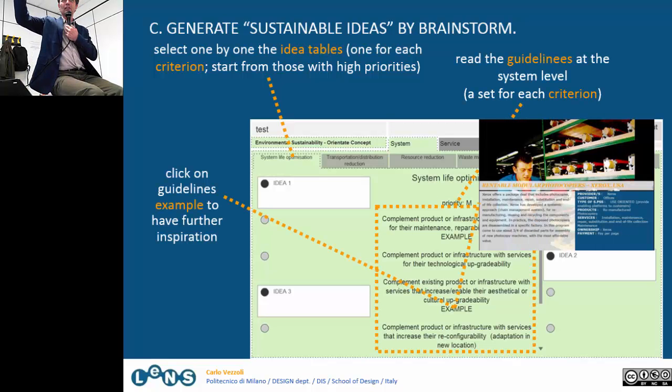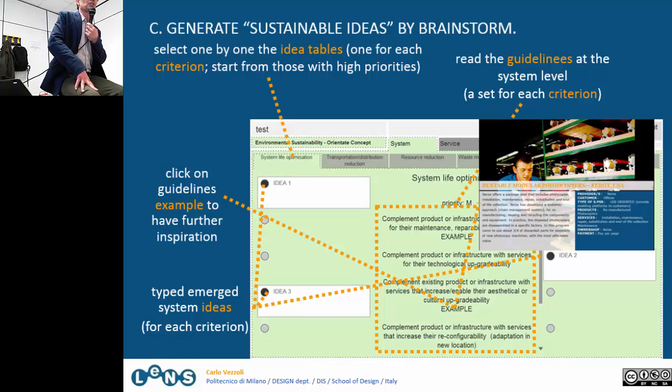You can click on the example, because not each of the guidelines has an example, but if you click there, you access an example which is located on the Lens platform, in the case study section. And even that could be inspiring you, giving you some information, some insight, so you can even give a look at that.